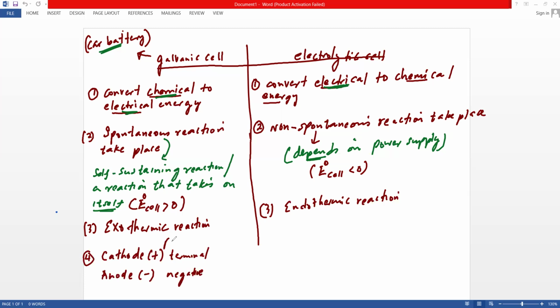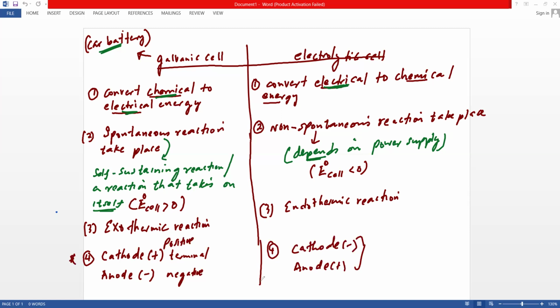Under an electrolytic cell, the cathode is the negative and the anode is the positive. We'll talk about this.